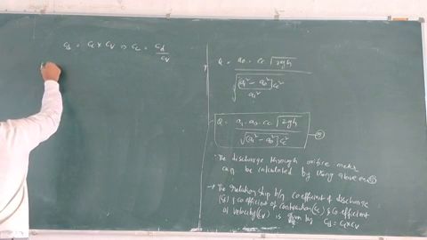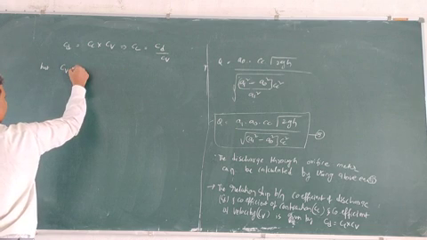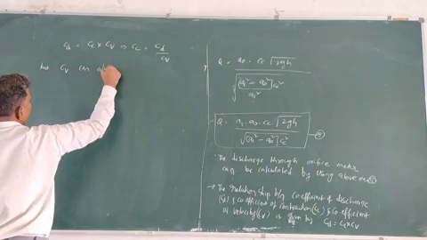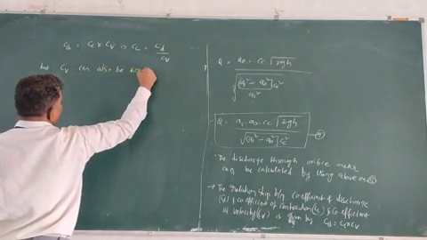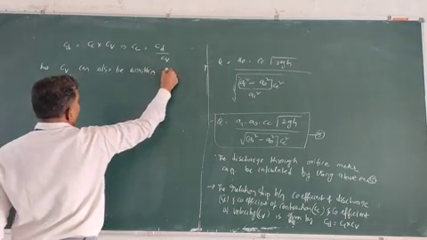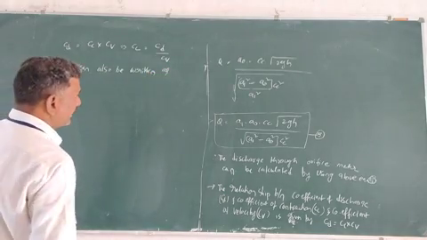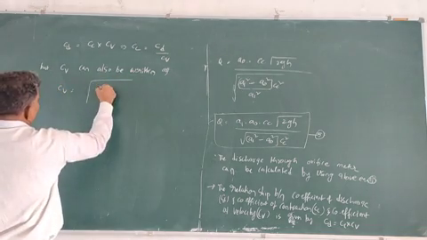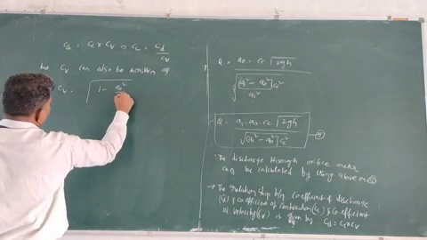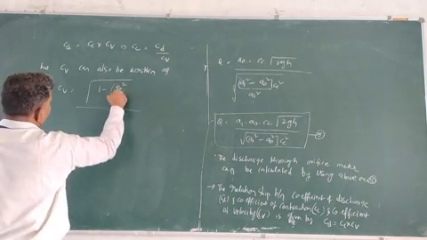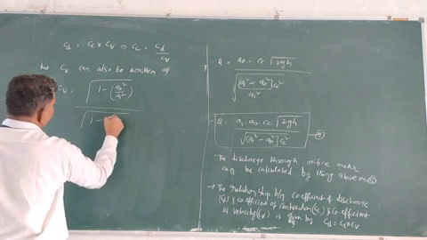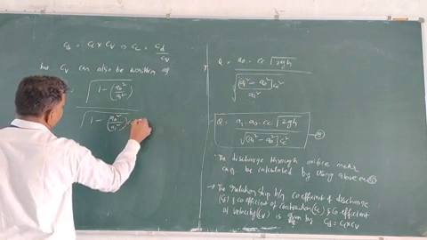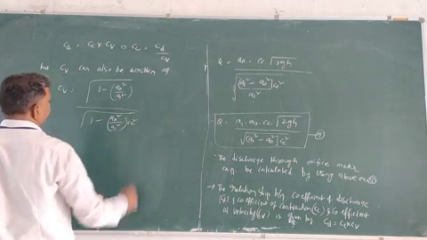But CV can also be written as square root of 1 minus A naught square by A1 square divided by square root of 1 minus A naught square by A1 square into CC square.